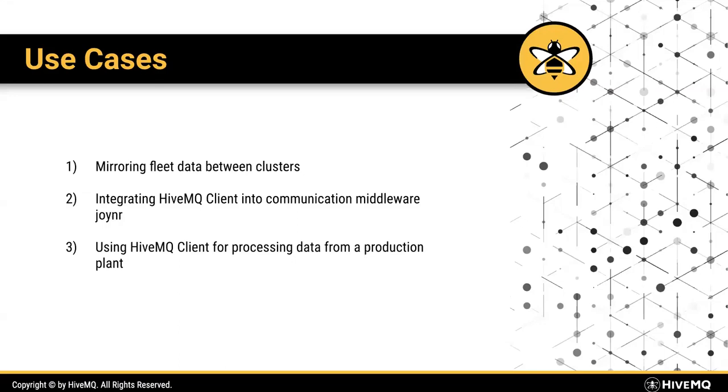And one of the first, or in fact, the first use case, if I remember correctly, that we used the HiveMQ client specifically for was taking data from one fleet and mirroring it across to another application cluster so that we can use it for testing purposes instead of writing some kind of artificial data generator. We just thought, well, we'll use the data that's there from the cars driving around.